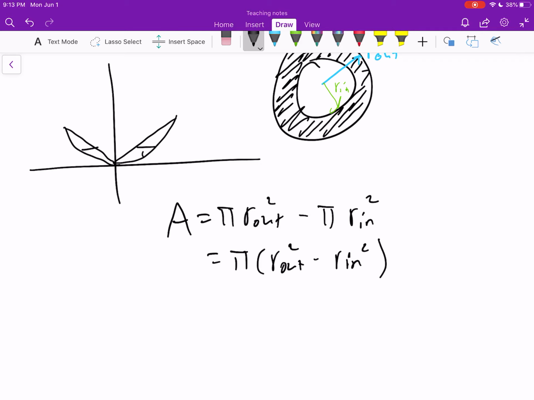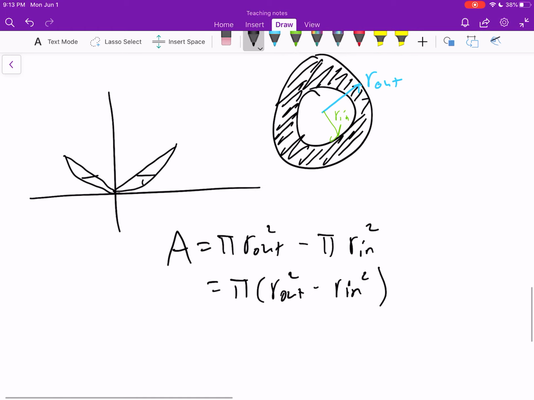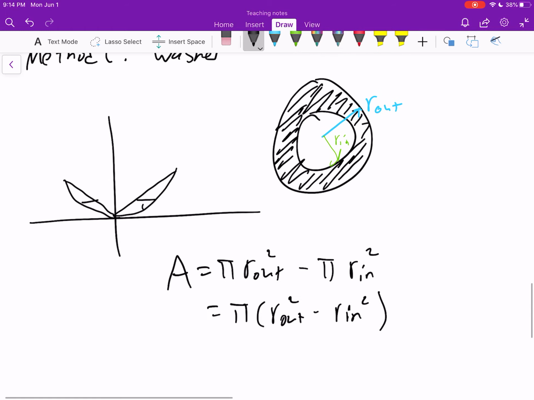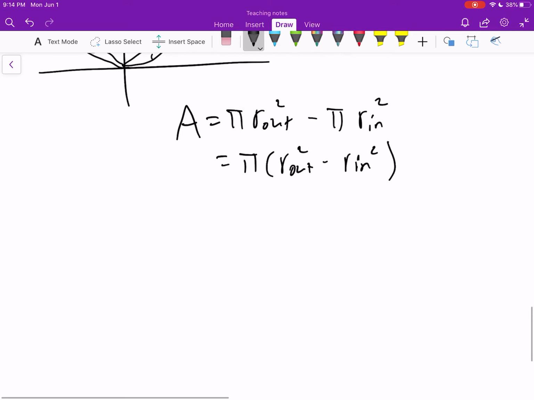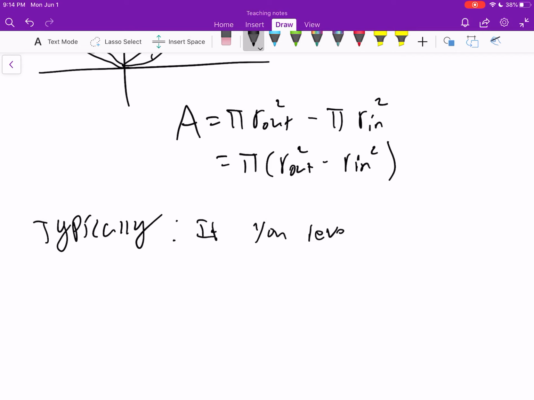So whether or not you use, again, x or y depends on the situation. Typically, with these washers and discs, if you revolve around the x-axis, your variable is going to be y.